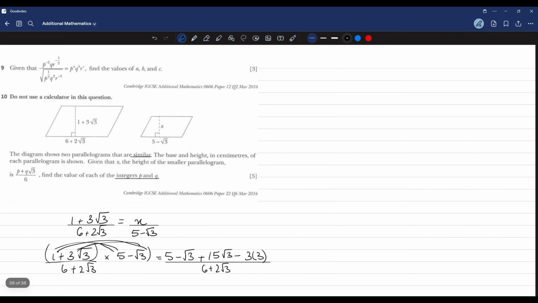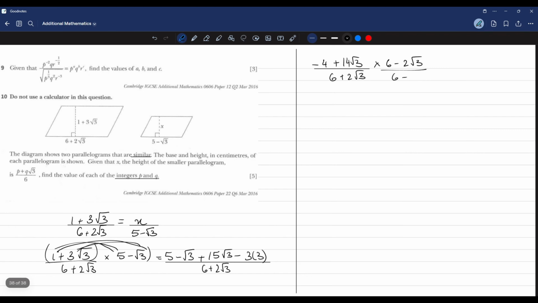If I were to simplify this, first make a partition, I would simplify this to negative 5 minus 9, which is negative 4, and the other value would be plus 14 under root 3, divided by 6 plus 2 under root 3. Now again we have to rationalize the denominator, and for that we use the conjugate.